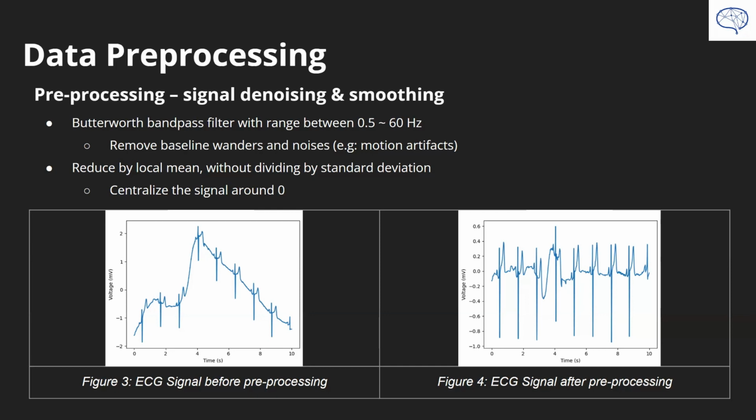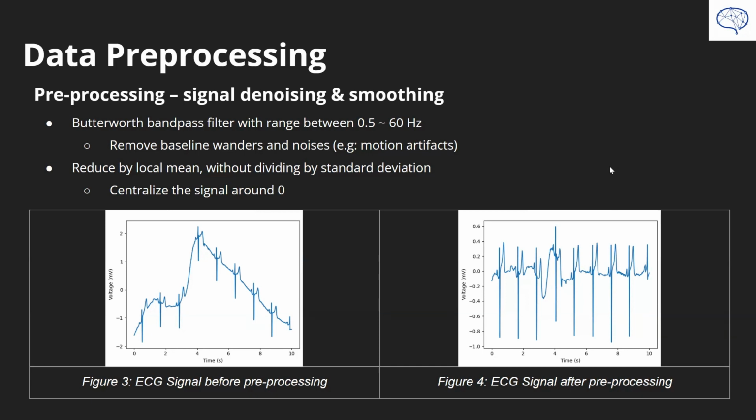Removing baseline wanders is very important because if we fail to do so, baseline wanders will become the main contributor of our model losses. So after this, we perform the mean normalization. However, we're not going to do standard deviation normalization because if we do so, the amplitude relationship between different leads would be lost, and the trained model turns out to be worse.